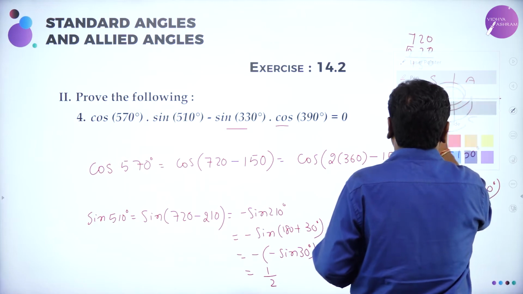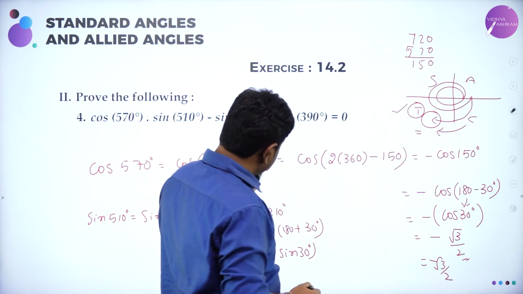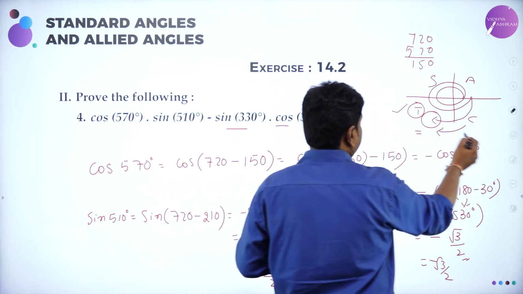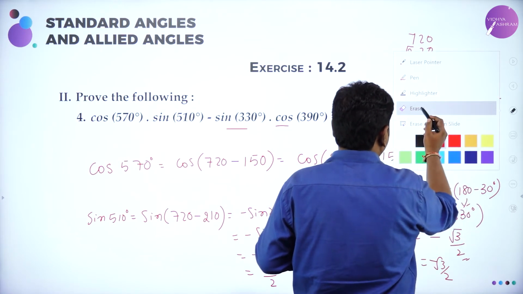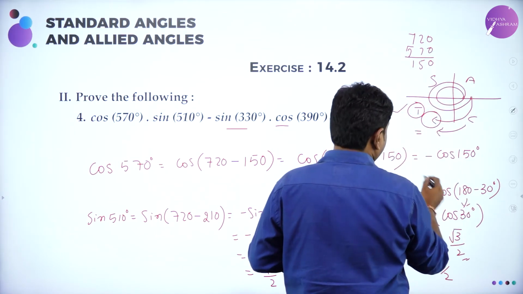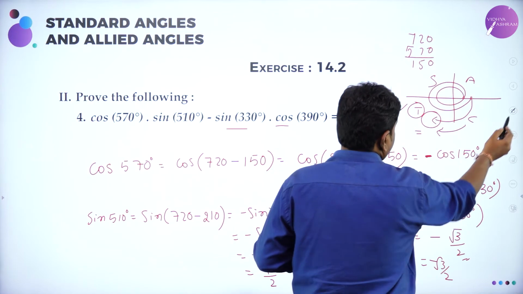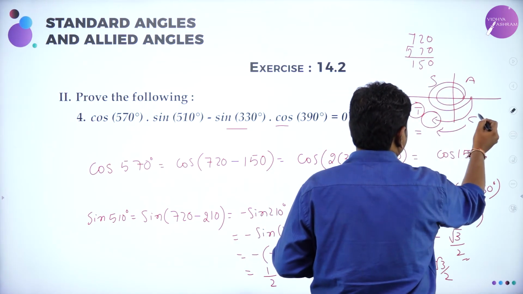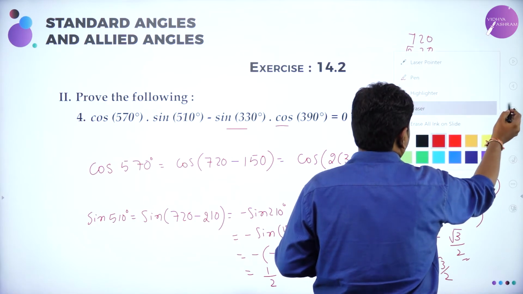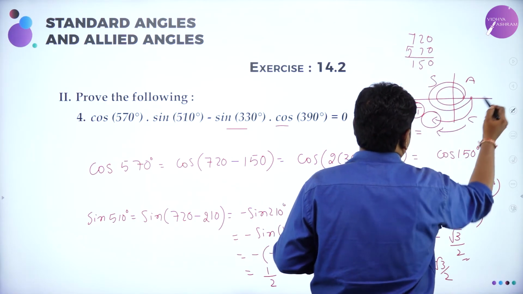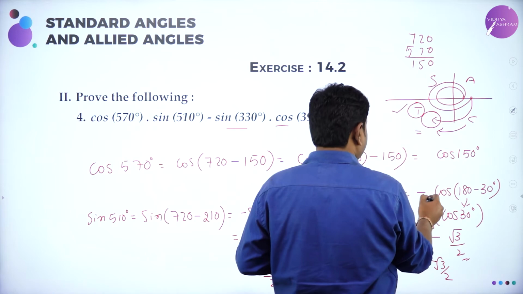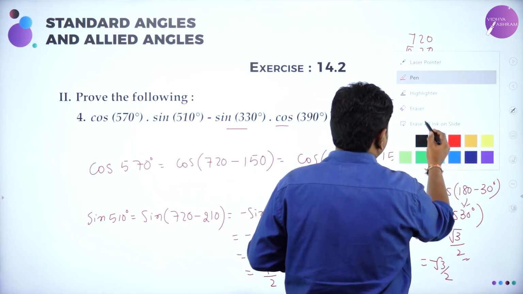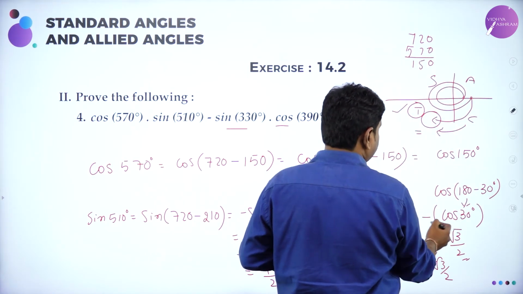I'll teach you: cos of 360 minus theta is positive cos theta, because we assume the angle is some unknown angle. Then it will be positive. So what is our assumption? Cos of 360 minus theta falls in this quadrant and it's positive. Again, when you consider this, it will be cos of 180 minus theta.